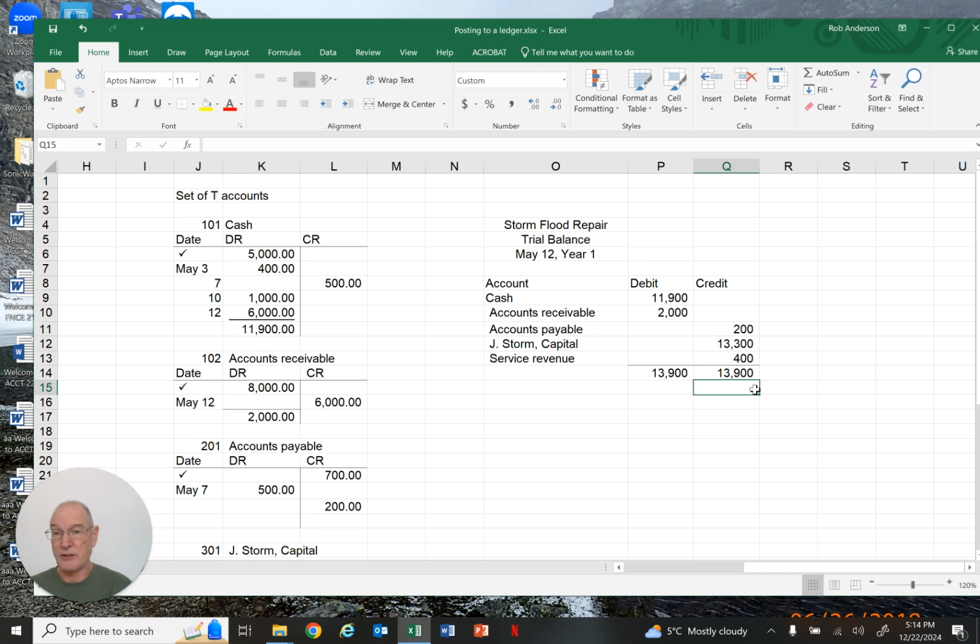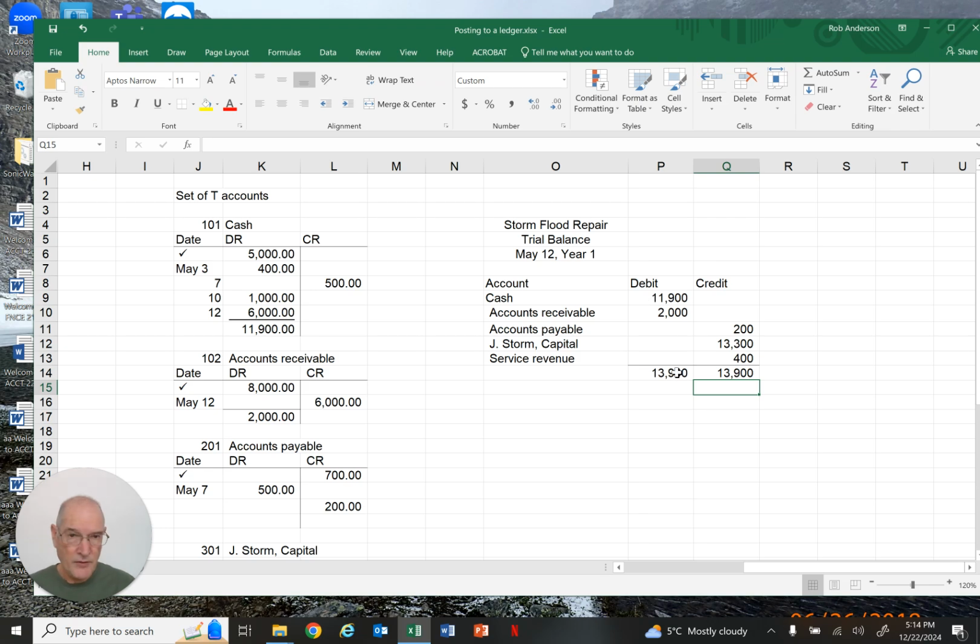If they don't balance, then you've made a mistake somewhere and you have to go back and try and find your mistake. The mistake could be forgetting a 0, keying a number in wrong, or transposing figures, which is often the case. Like putting in, instead of 11.9, putting in 191 or something.